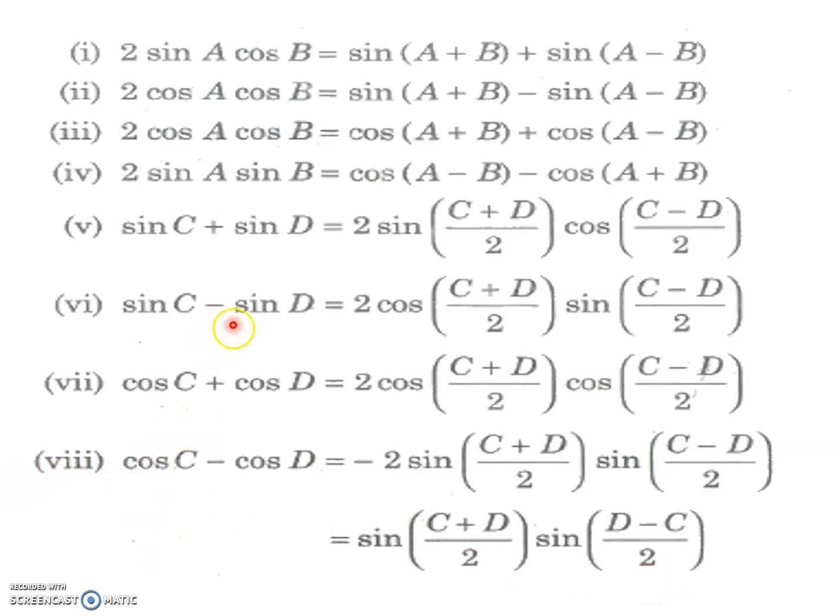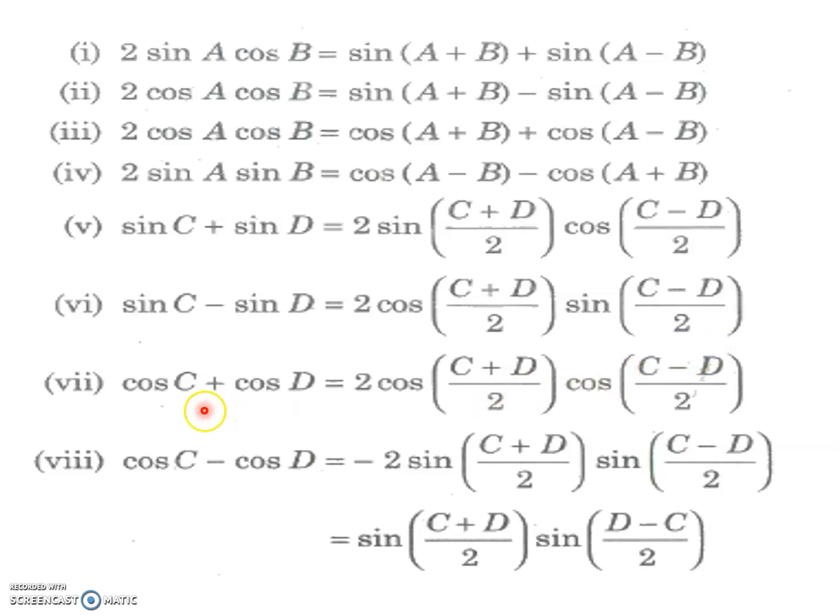In this formula, we must remember that for sin C plus sin D, the first is sin, the second is cos, first bracket C plus D upon 2, second bracket C minus D upon 2. In the second formula, 2 cos is first, sin is different, C plus D upon 2, C minus D upon 2.